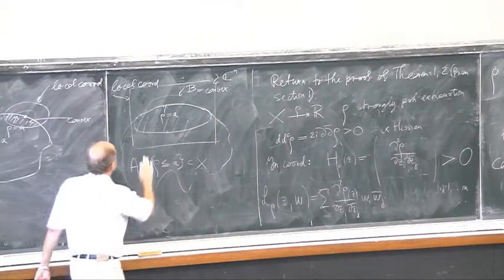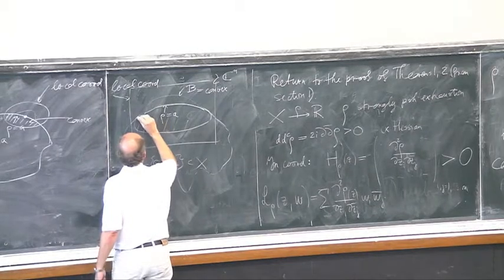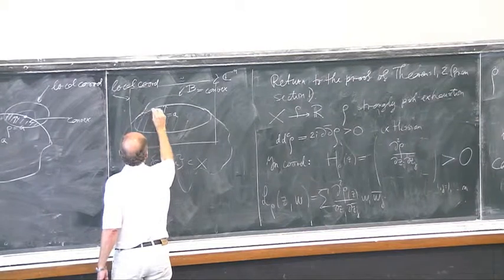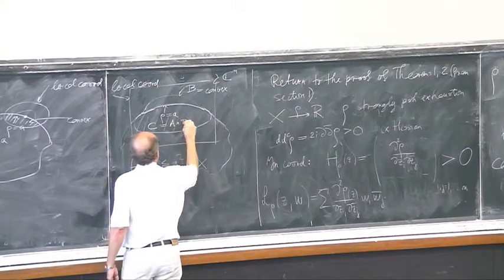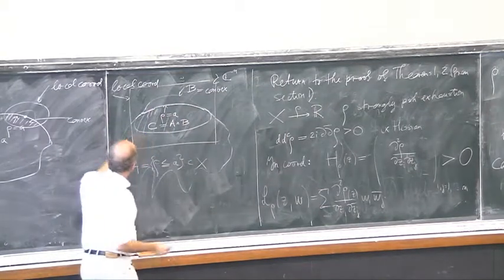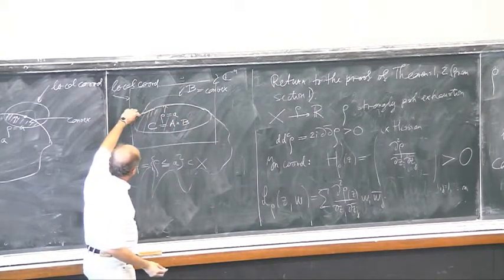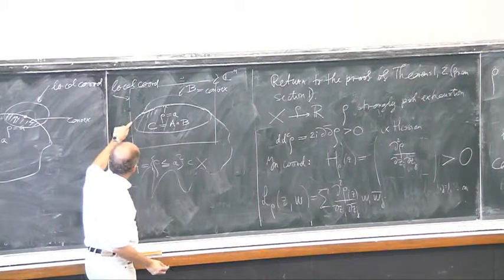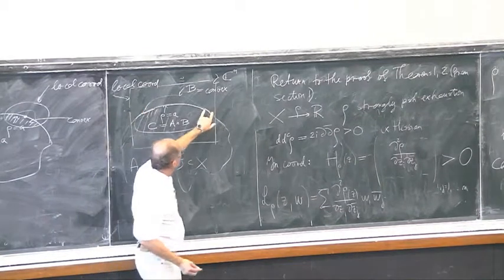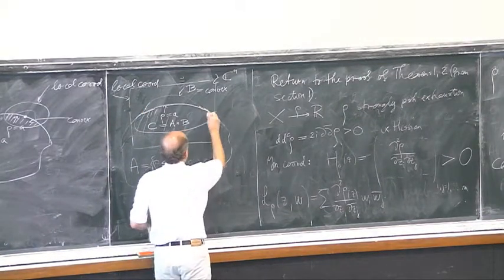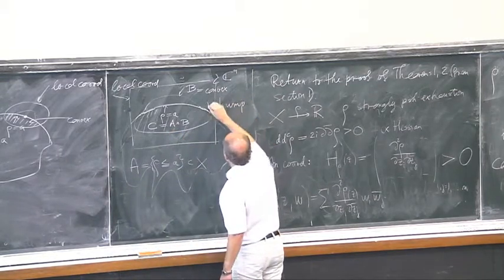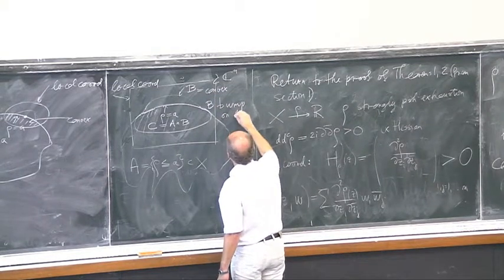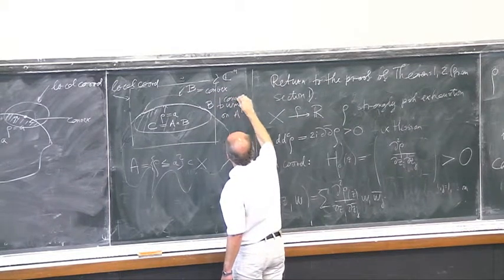It's attached so that they share some boundary here. Basically, if you call this set C, then here the boundary of B actually coincides with the boundary of C on some part, and likewise here. Such a thing is called a bump. So B is a bump on A, or more precisely, a convex bump.